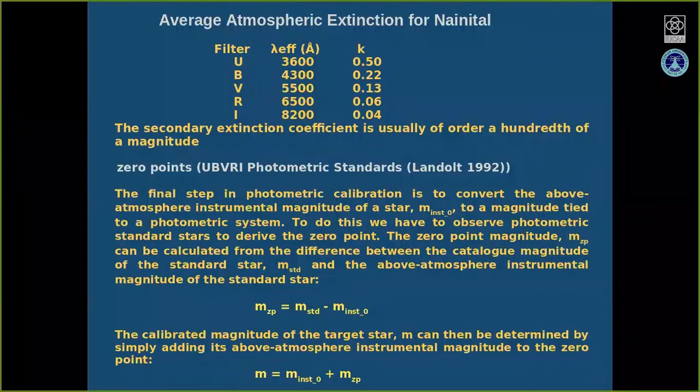But generally it does not happen. After atmospheric correction also, you will find some discrepancy between the above-atmosphere magnitude and the magnitude at the surface of the Earth.